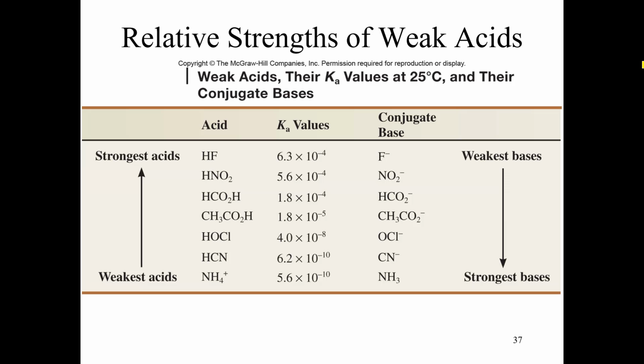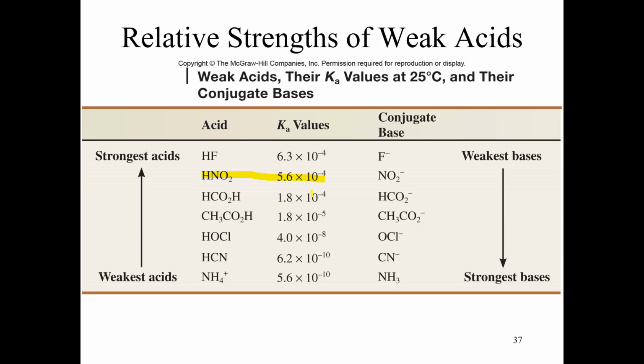Here's a table that shows you on the left a selection of some of the weaker acids, not all of them. Like I said, to say weakest or strongest is really relative because none of these are strong acids anyway. You can tell by the Ka values. Notice, for example, that nitrous acid, which we studied earlier, has a Ka of 5.6 times 10 to the negative 4.